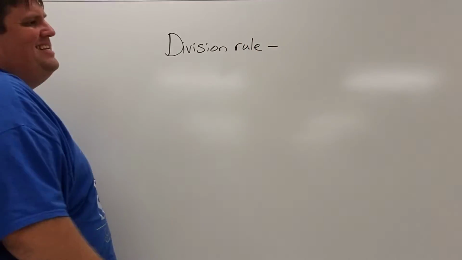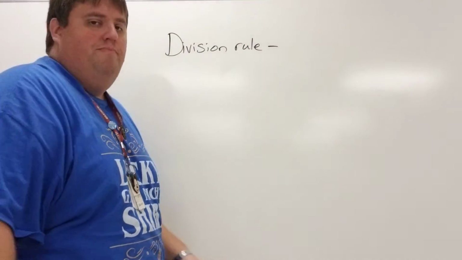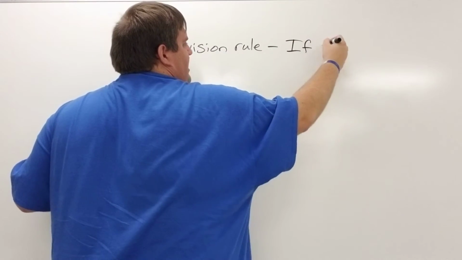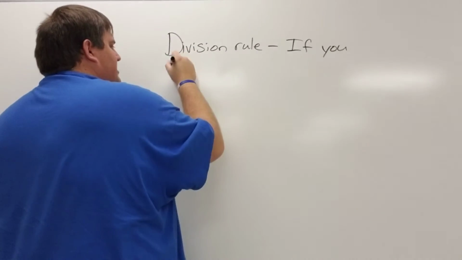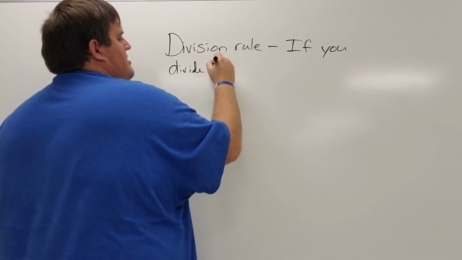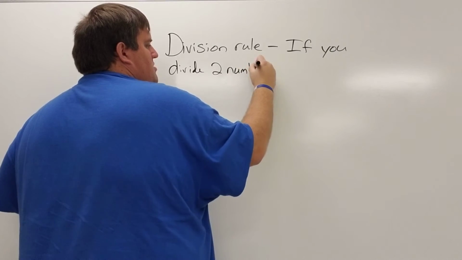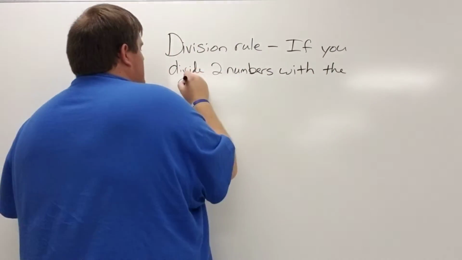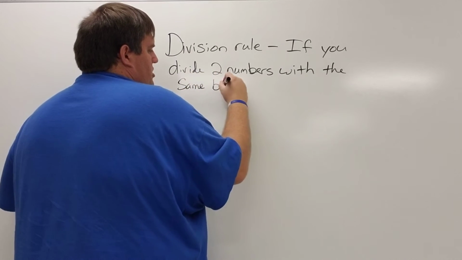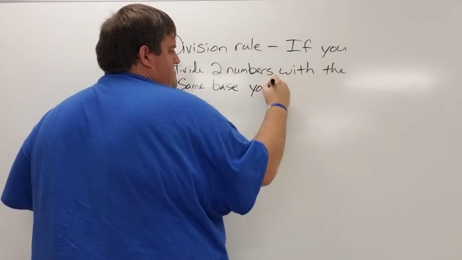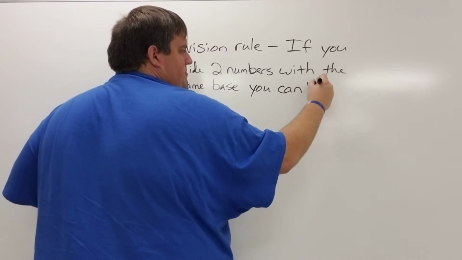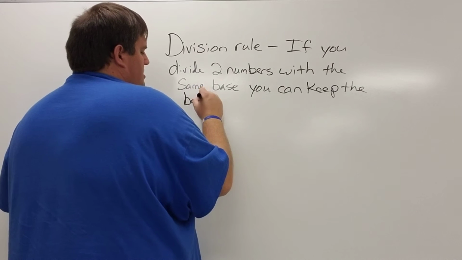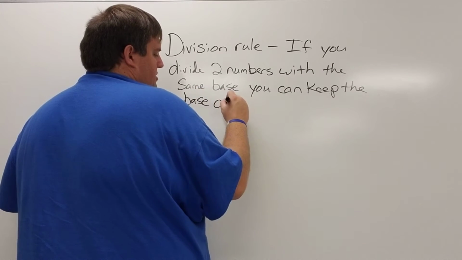In fact, it sounds almost the same as the multiplication rule, because we're going to say if you divide two numbers with the same base, you can keep the base, just like in multiplication, but this time we're going to subtract the exponents.